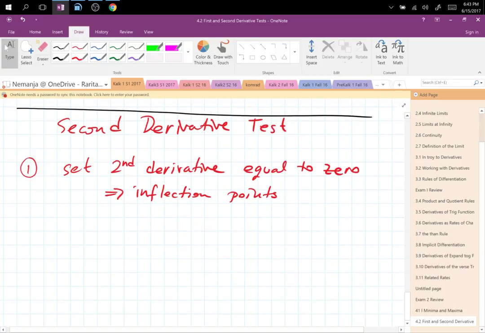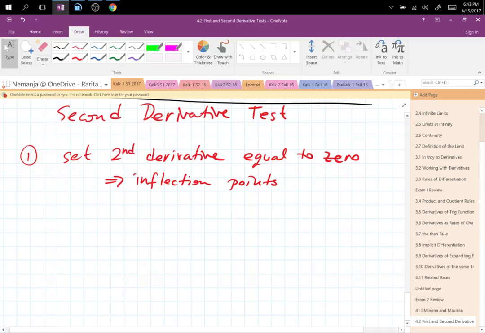So you learned so far that first derivative equal to 0 gives critical points, and second derivative equal to 0 gives you inflection points. What is an inflection point?